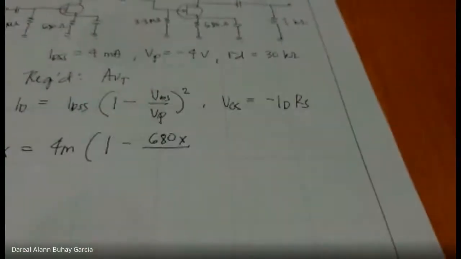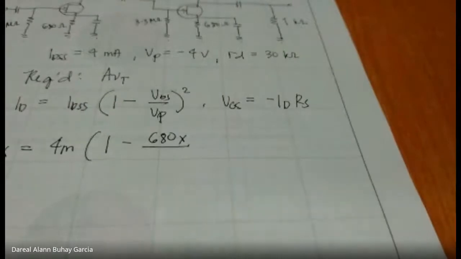1 minus RS is 680 ohms. So 680 X over VP is -4. Cancel lang, -1 is -4. 4 squared. 680 divided by 4 is 170.